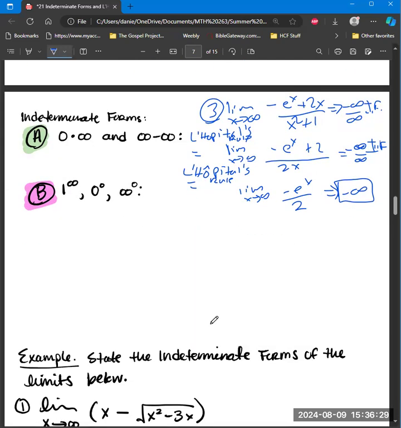Let's look at another example in this space too. Limit as x goes to 0, x squared plus 1 over negative e to the x plus 2x. So I just basically flipped this over. I already know that the top grows faster than the bottom, so I expect this to go to 0. But this is going to infinity over negative infinity, which is an indeterminate form. I'm going to use L'Hopital's rule.